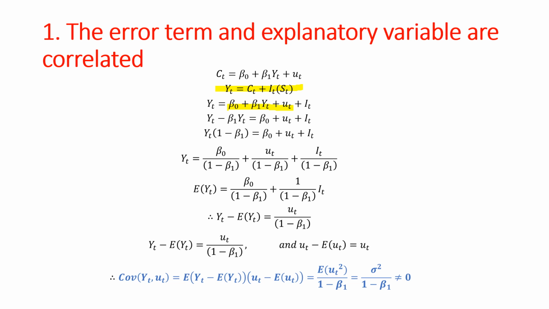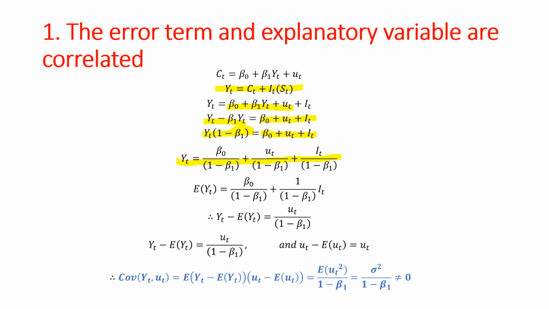And then we will have Y_t minus beta 1 Y_t equals beta naught plus U plus I. And by taking Y as a common factor, we will have Y multiplied by 1 minus beta 1 equals beta naught plus U plus I. Dividing by 1 minus beta 1, we will have Y equals beta naught over 1 minus beta 1, plus U over 1 minus beta 1, and finally I divided by 1 minus beta 1.